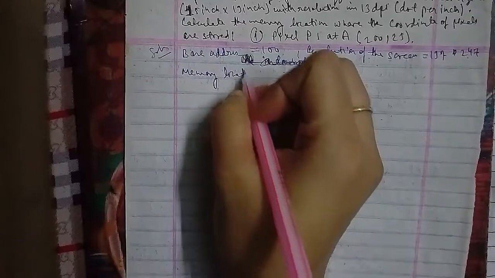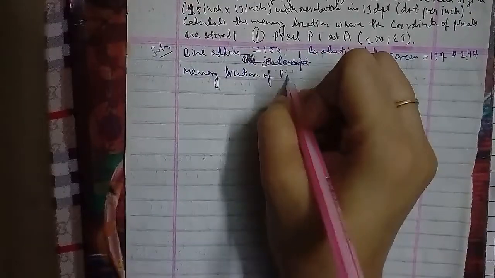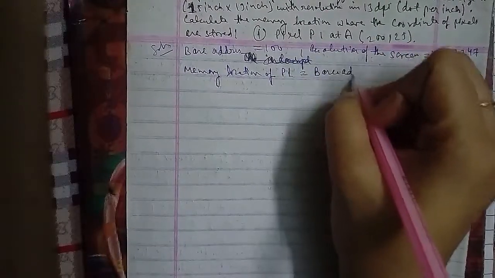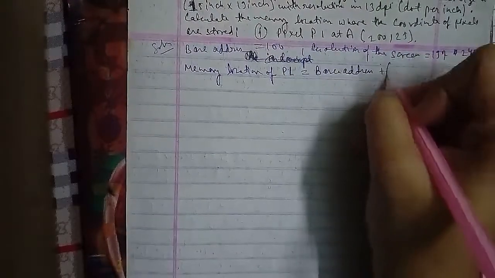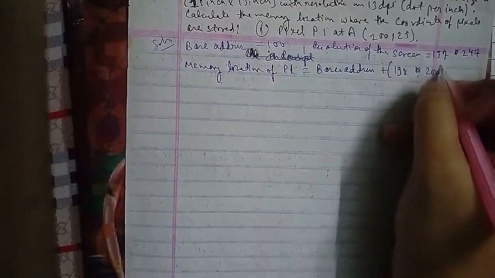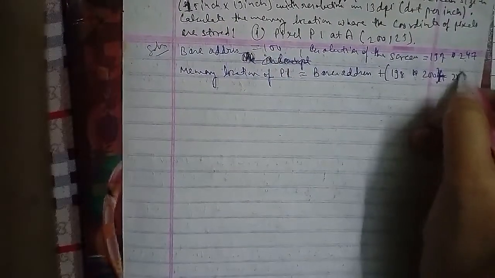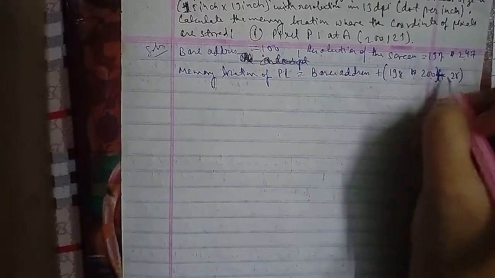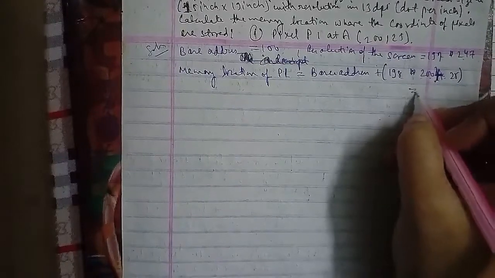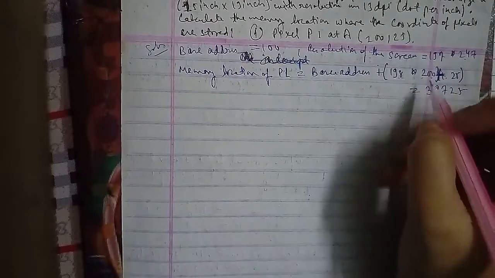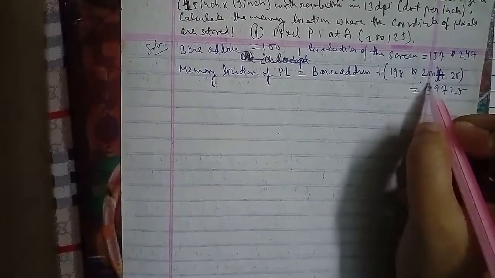Memory location of P2 equals base address plus 198 times 45 plus 75. When we multiply 198 with 45, we get 8910, and then we add 75, so we get 8985. So that will be the answer here.